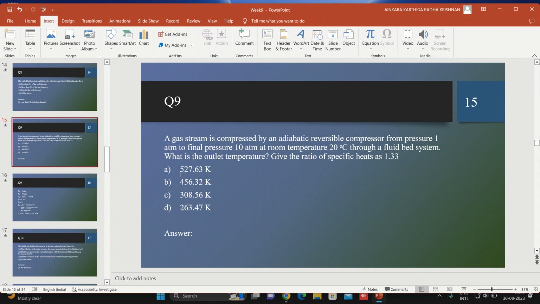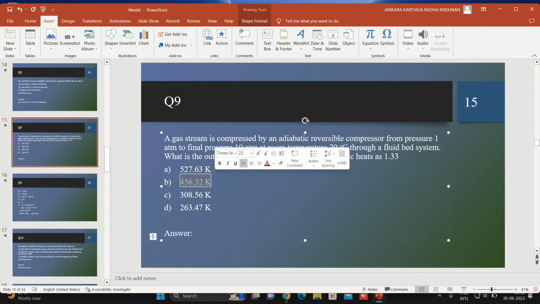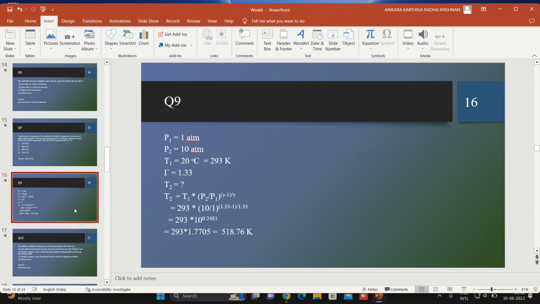The closest one that is coming out for us is 527.63 Kelvin. So the answer is option A, 527.63 Kelvin. What would be the thing that would have gone wrong here?